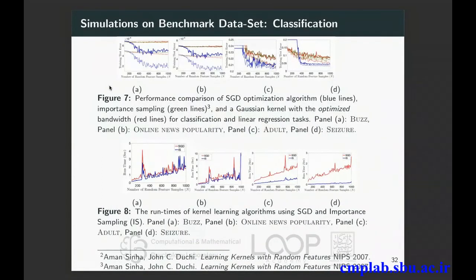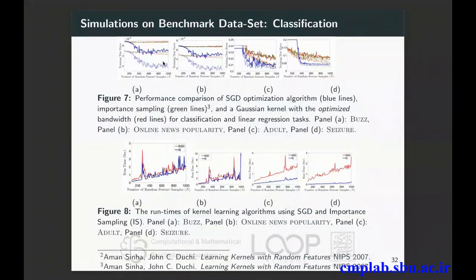We also applied our kernel learning to some classification tasks. There are a bunch of benchmark data sets that people use to validate their algorithms. These are called Buzz, Online News Popularity, Adult, and Seizure. These are some real-world data sets which we use for classification.